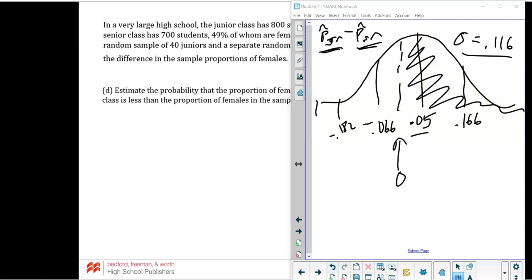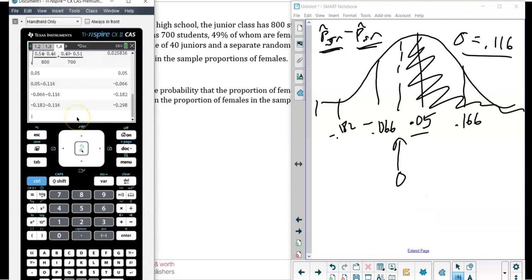So get your calculator out. Menu, 6, 5, 2. Lower bound is 0. Upper bound, I would say infinity. The mean was 0.05. Standard deviation was 0.116. So 66.6% should be your answer.